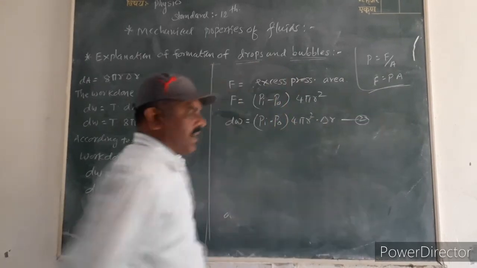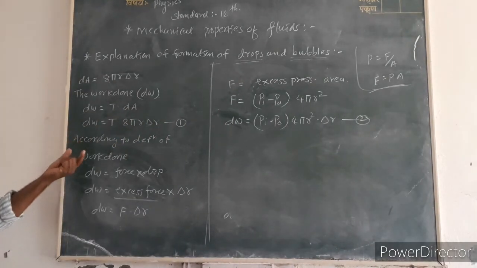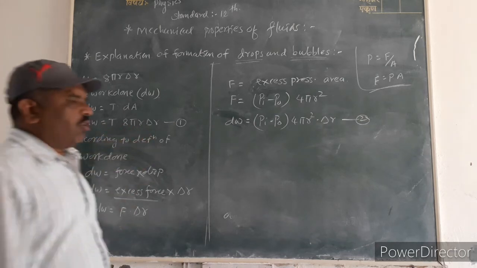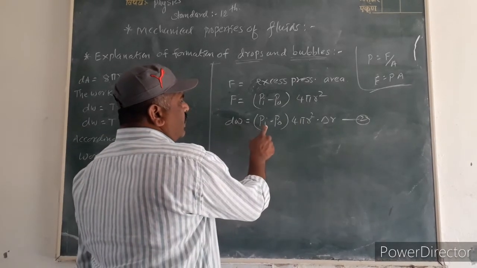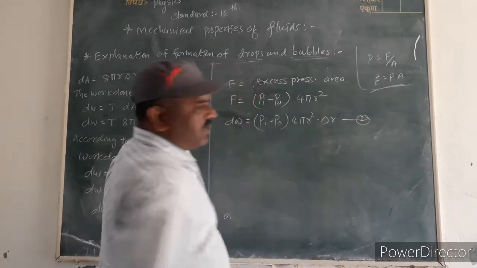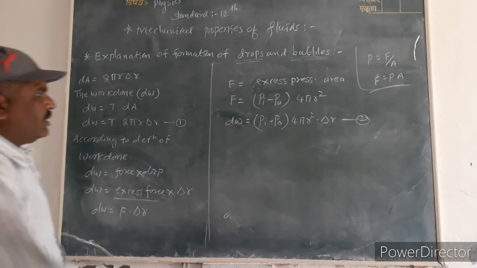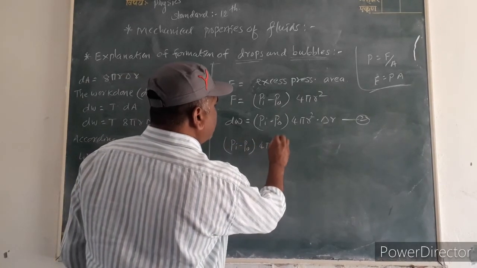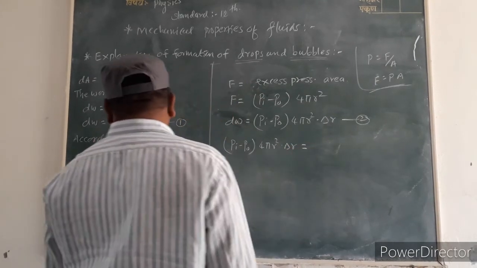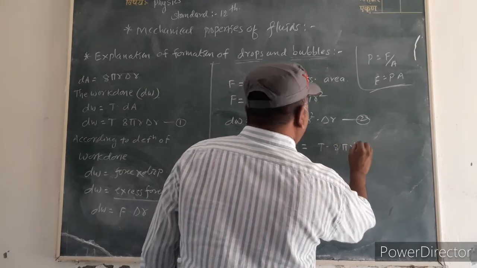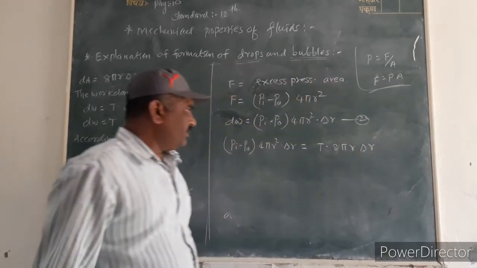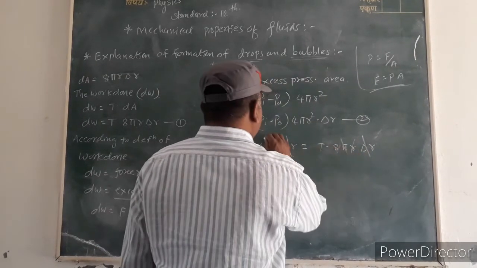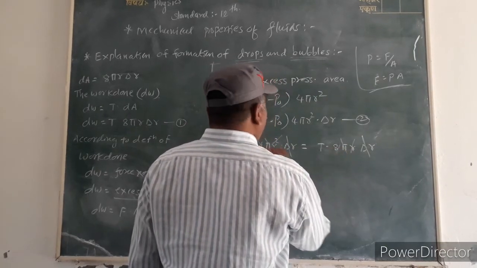See equation number 2. We found the work done, T into 8 pi R into delta R, and according to the definition, work done is equal to Pi minus P0 into 4 pi R square into delta R. From equations 1 and 2, we can write Pi minus P0 into 4 pi R square delta R is equal to T into 8 pi R into delta R. Delta R cancels, one R cancels, pi cancels, 4 and 8 give 1 and 2.